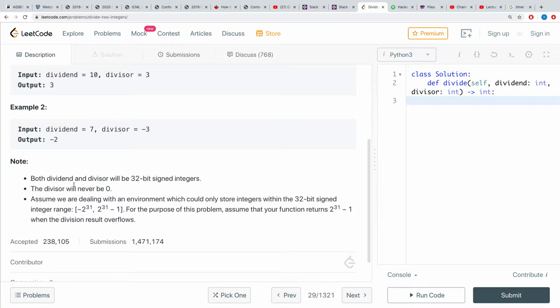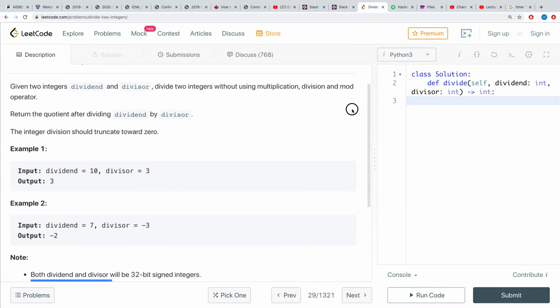Note, both dividend and divisor will be 32 bits signed. The divisor will never be 0. As long as we are dealing with an environment which could only store integers within the 32-bit signed range, assume that your function returns accordingly.